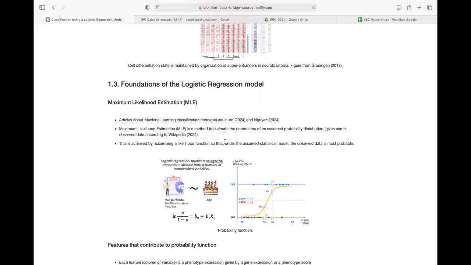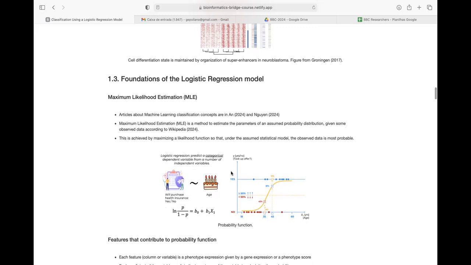Let's develop an idea to classify a patient. So, the foundations of the linear regression model. We are going to use a probability function to calculate probabilities of a patient belonging to a class or the other. Does anyone know which classes we are talking about here?